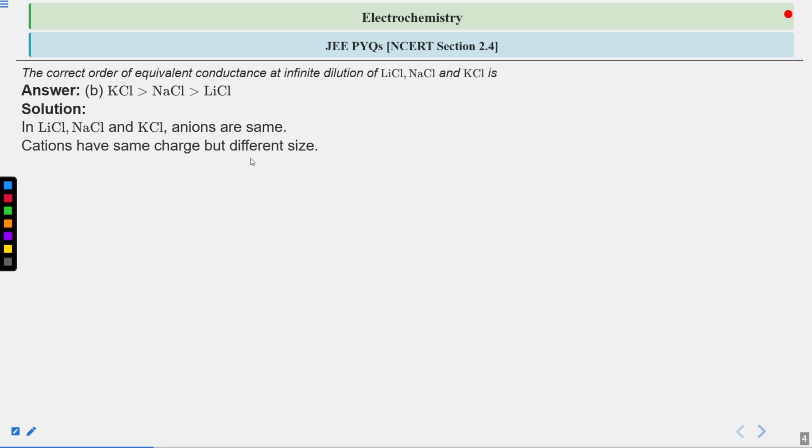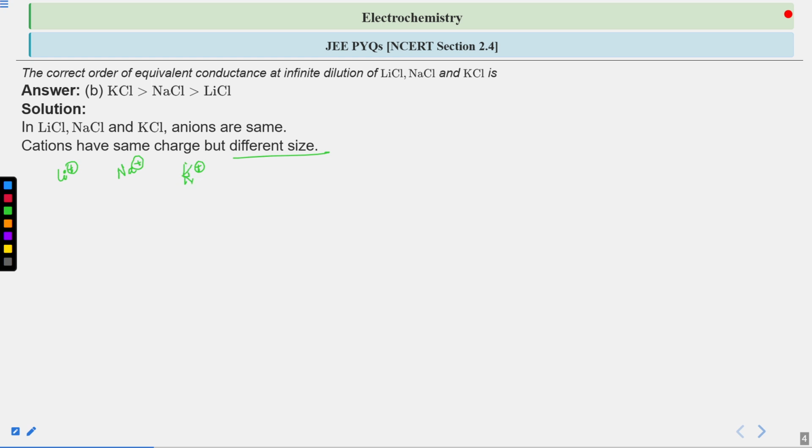Cations have the same charge but different size. These three ionic compounds have different cations but the same anions, and the cation charges are also the same: Li+ is 1+, Na+ is 1+, and K+ is again 1+.